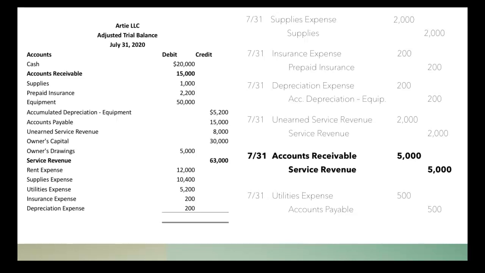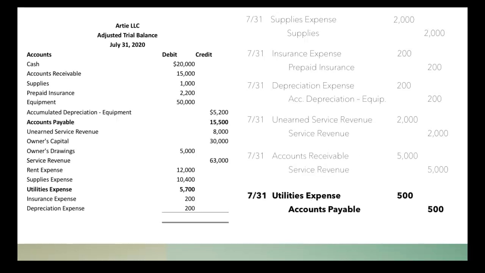And then our final adjusting entry, we debited utilities expense and we credited accounts payable. So we need to see that our utilities expense increased by 500 and our accounts payable increased by 500. So we're left with these balances after that entry.